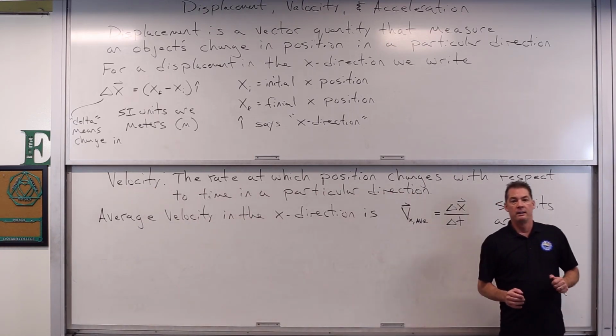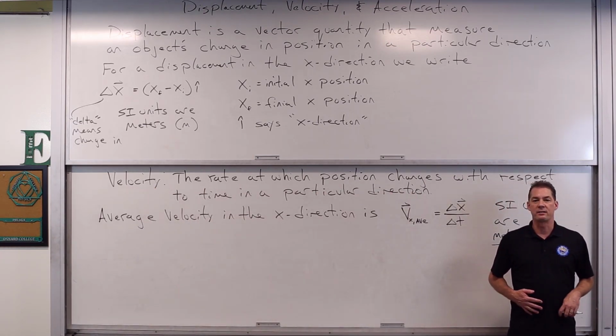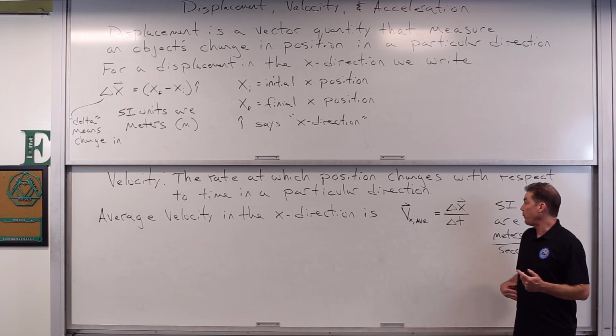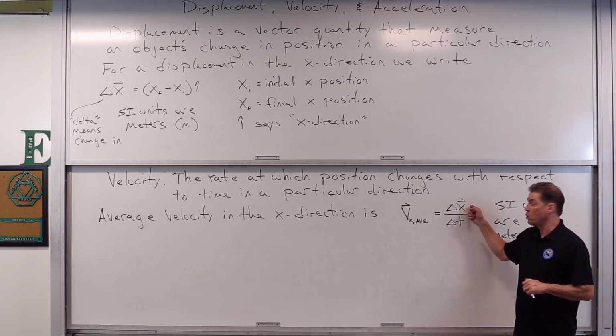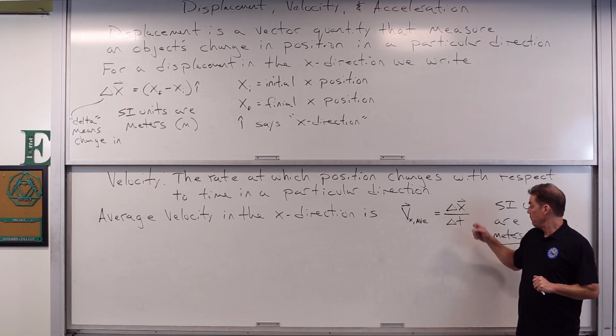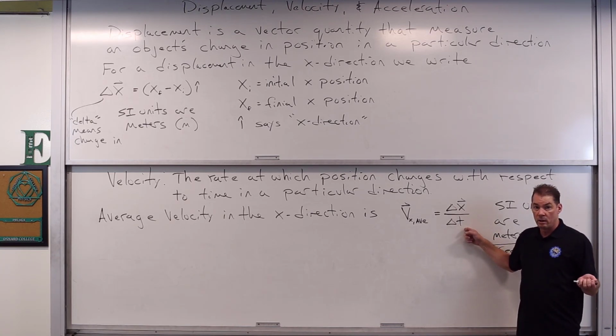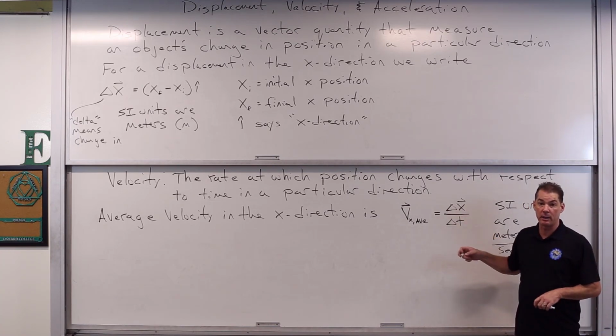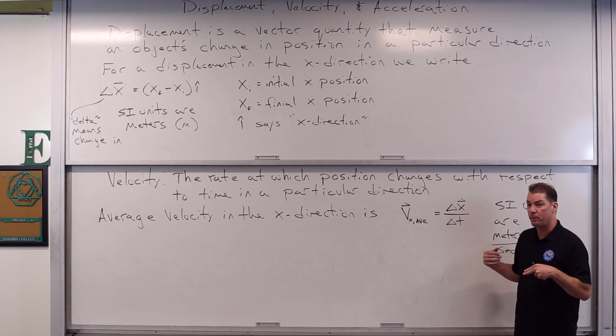I move 2 meters in 2 seconds, but I wasn't moving at the same rate the entire time. I moved slow in the beginning, fast at the end. My total displacement over that 2 seconds was 2 meters i hat. The total time was 2 seconds. So my average velocity would be 1 meter per second i hat: 2 meters divided by 2 seconds, and I have direction, 1 meter per second i hat.